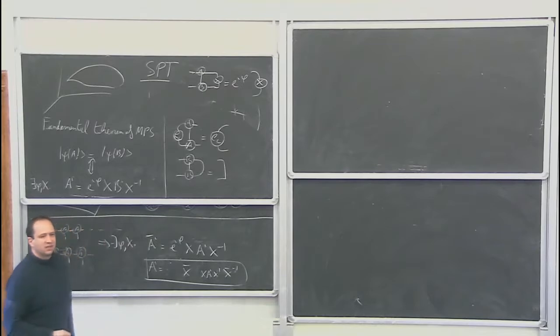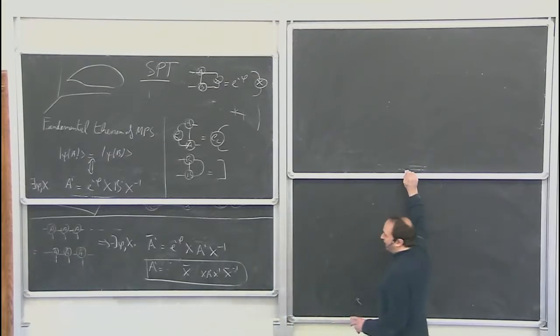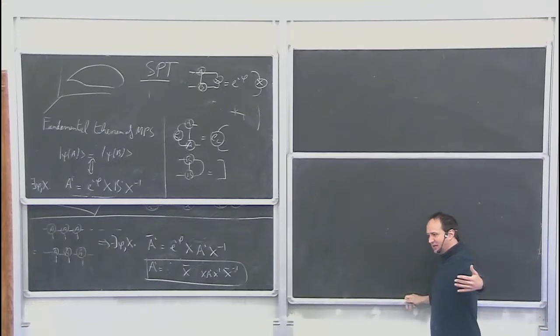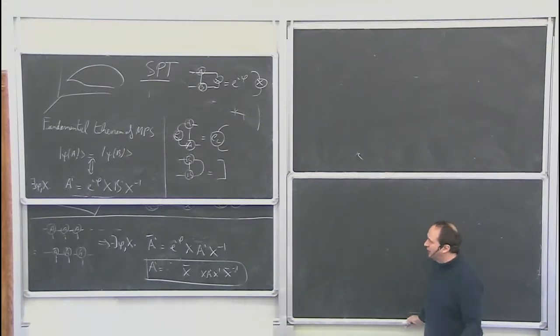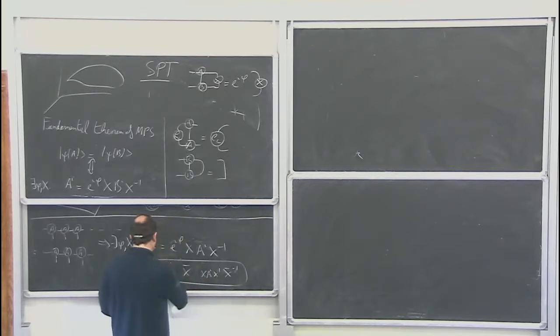Now the uniqueness of the fixed point of your MPS, this notion of injectivity that we did not really touch upon, is equivalent to saying that this transfer matrix has a unique eigenvalue. What it means is basically I can bring this to the right hand side, so x̄ x is equal to this.